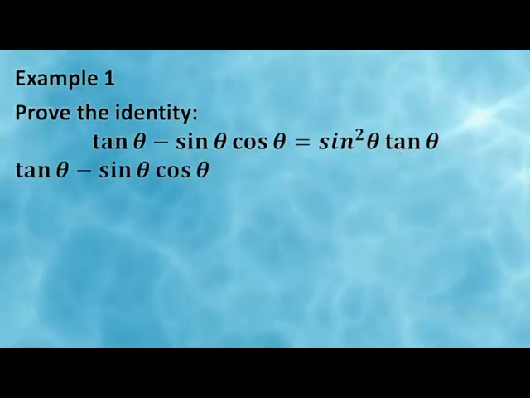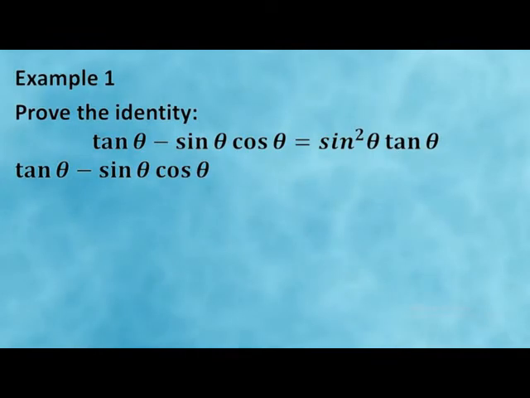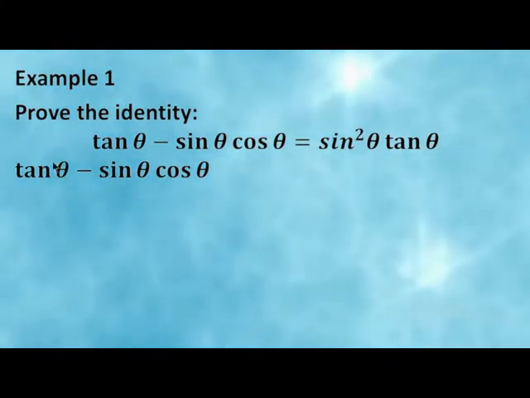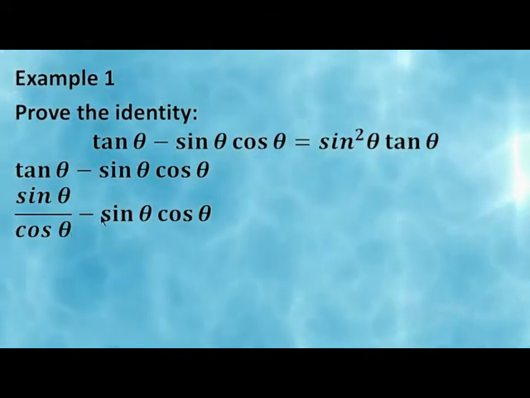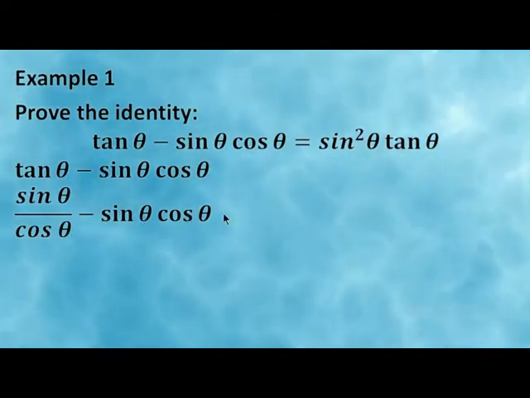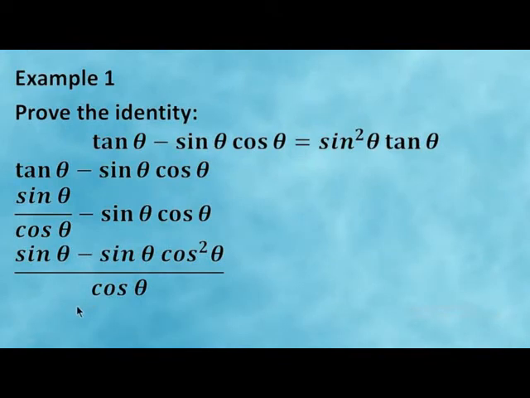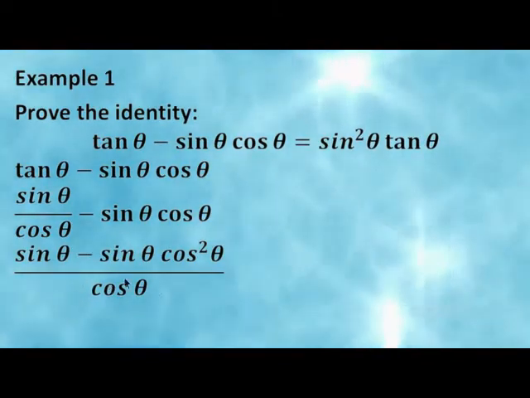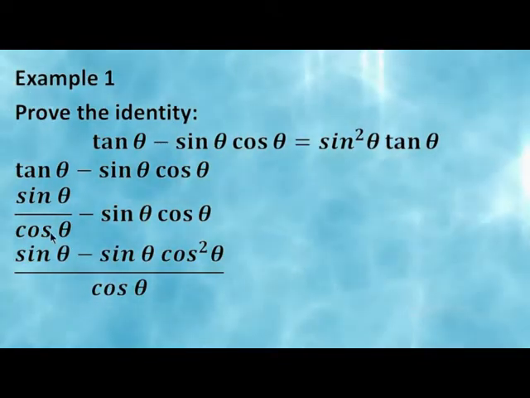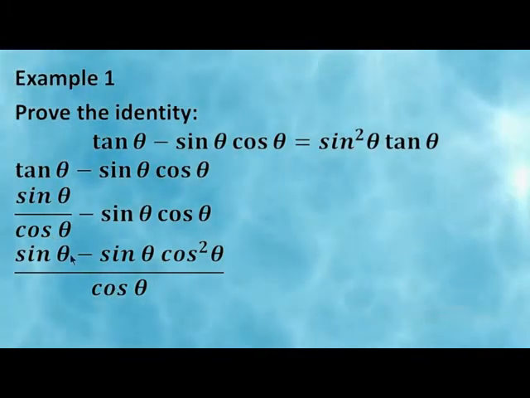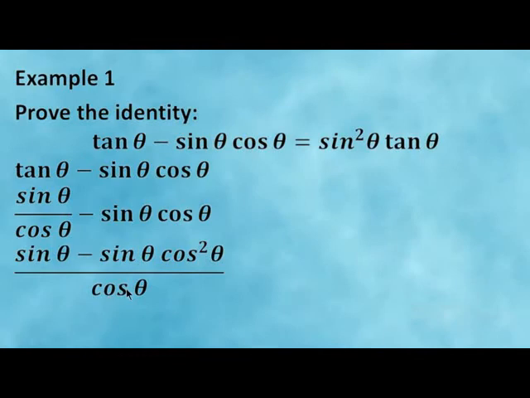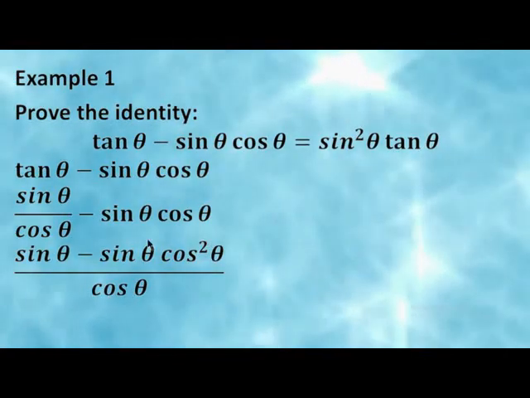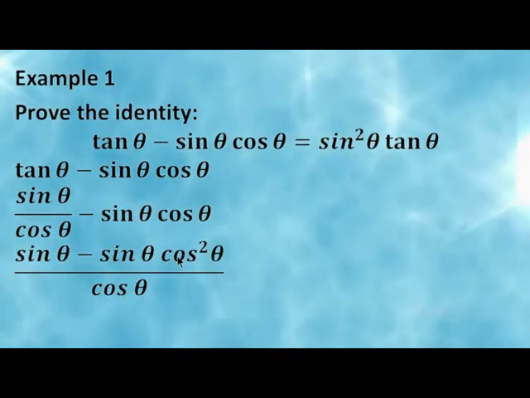Tan theta minus sine theta cosine theta. We know that tan theta is actually sine theta per cosine theta minus sine theta cosine theta. So we make the same denominator, cos theta. So this is cos theta, this is still sine theta. And for this, you multiply with cosine theta. So this is cosine square of theta.